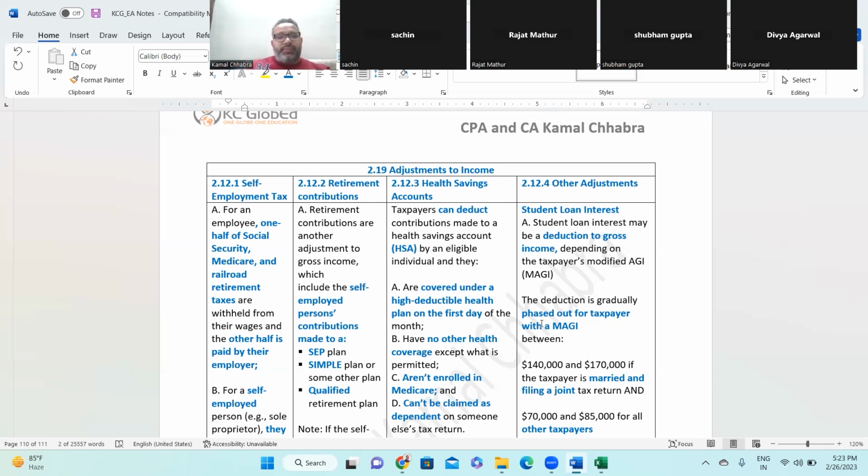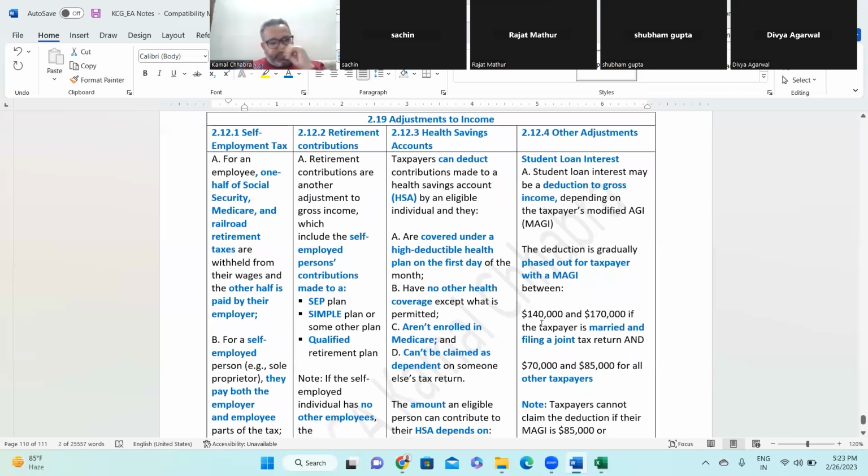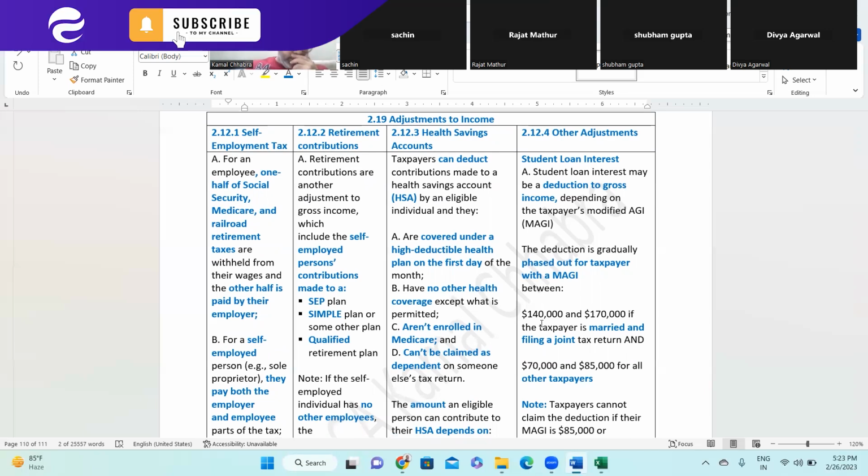So let's understand that. For an employee, half of the Social Security plus Medicare plus railroad retirement tax is withheld from their wages, and the other half is paid by the employer. So generally, self-employment tax is equal to the Social Security, Medicare and railroad retirement tax, half withheld from the employee and the same proportion paid by the employer.